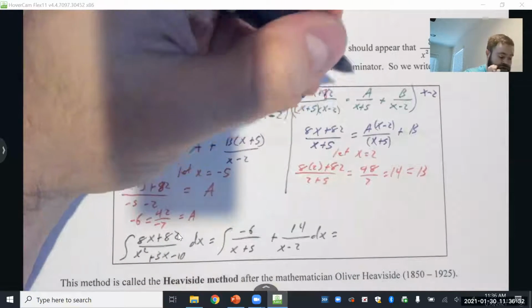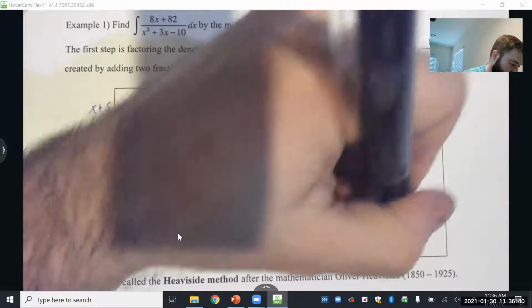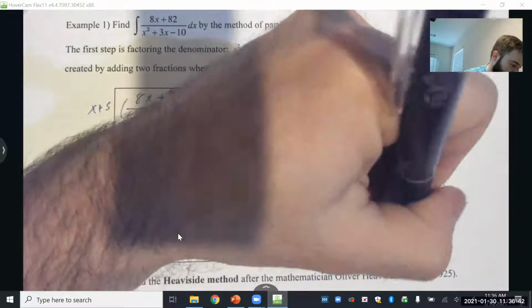And when we integrate this, this will now be negative 6 natural log of the absolute value of the denominator x plus 5, and then plus 14 natural log of the absolute value of x minus 2.